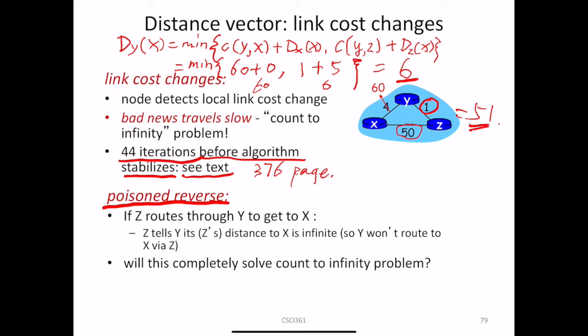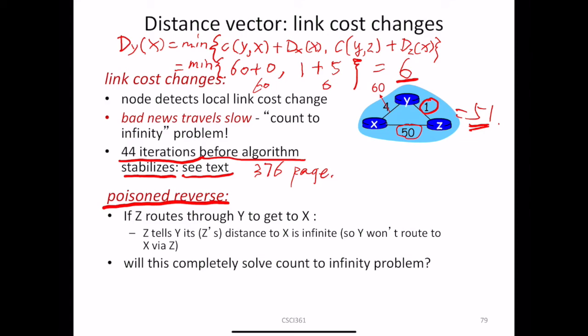So when z routes to x through y, z just tells y that dz(x) is equal to infinity, and y will route to x directly as 60 and update this information to z.